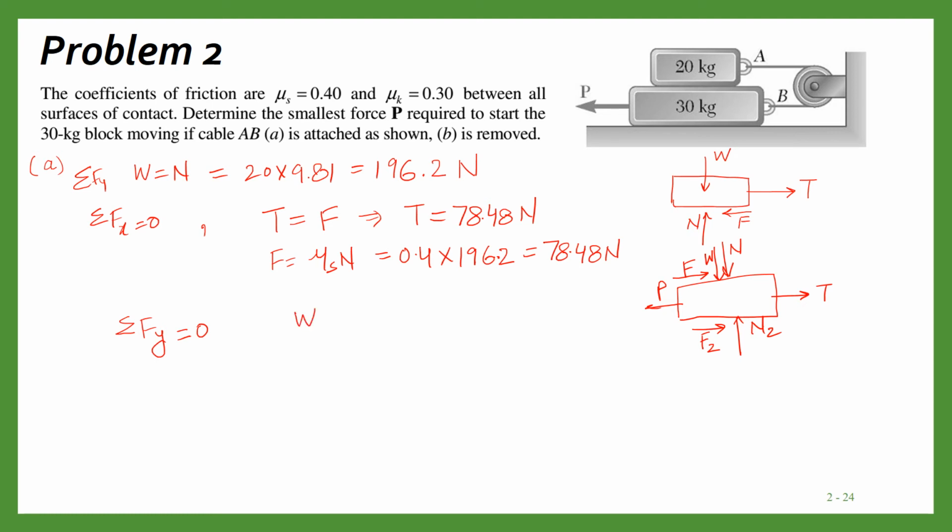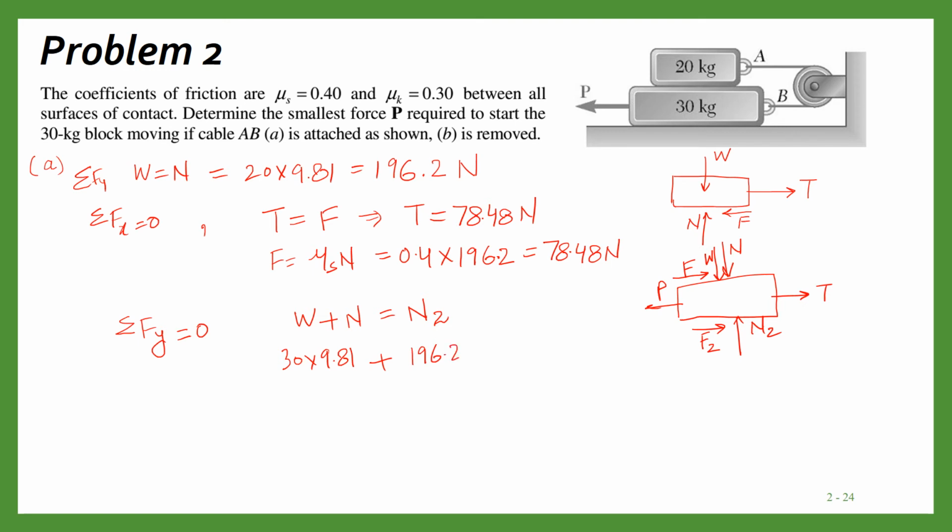So again we will make the equilibrium condition. So summation of Fy is equal to 0. So in the Fy we will be having a weight plus N, that should be equal to N2. Okay.